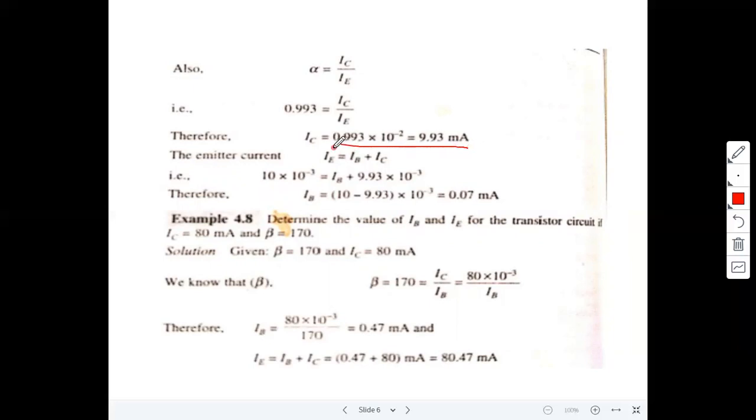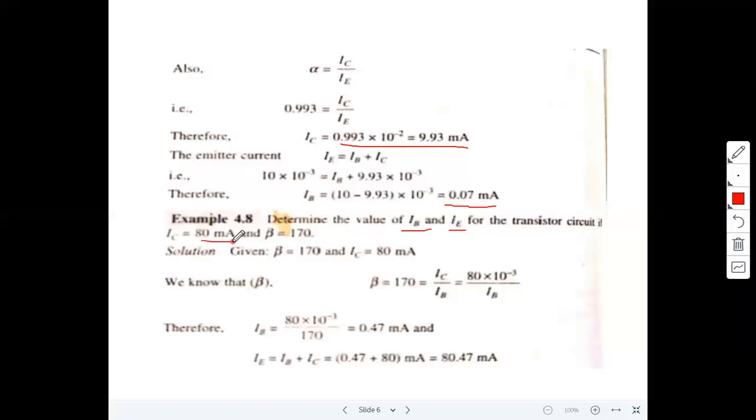Once you know the IC, IE is already given, so from that calculate the IB value. IB is equal to IE minus IC, that is equal to 0.07 milliamperes.